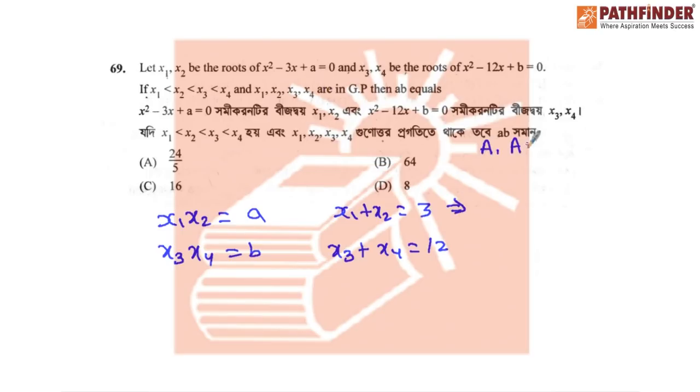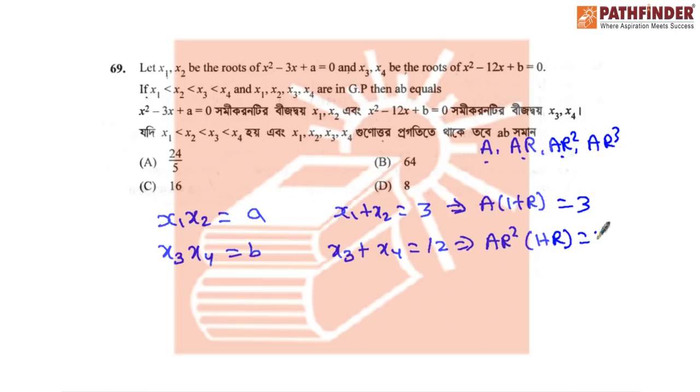So a, ar, ar square, ar cube as x1 x2 x3 x4. So we can write a 1 plus r is equal to 3 and ar square 1 plus r is equal to 12. From equation 1 and 2 we will get r square is equal to 4 or r is equal to plus minus 2.